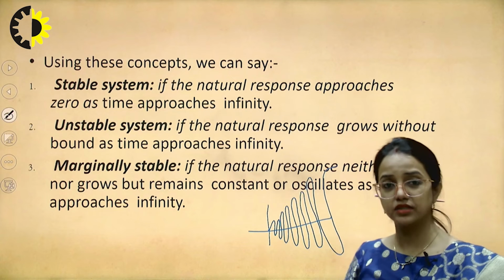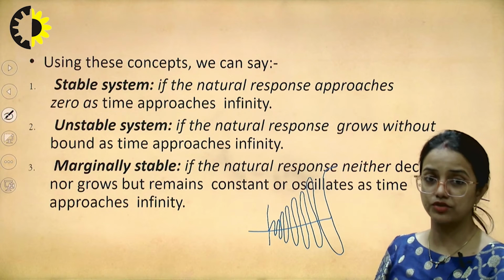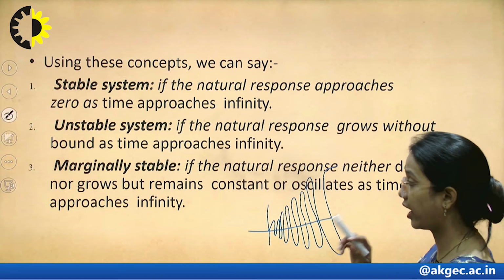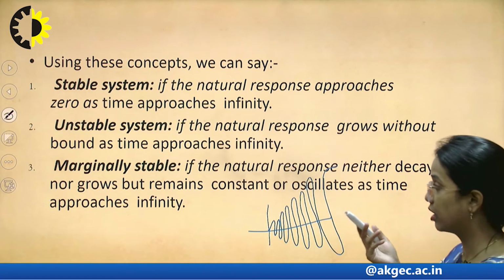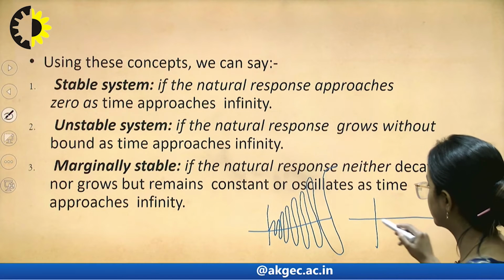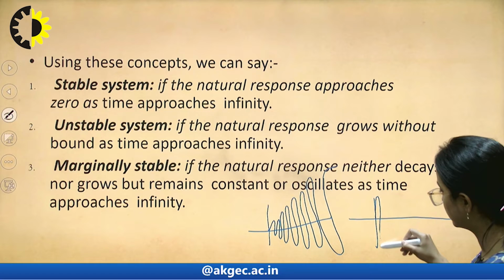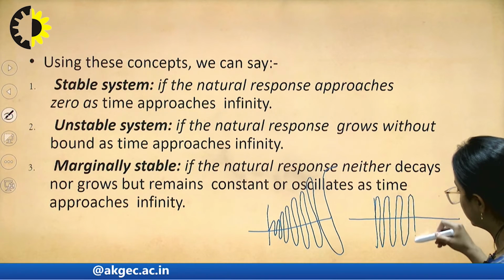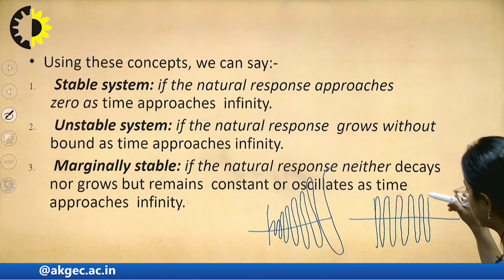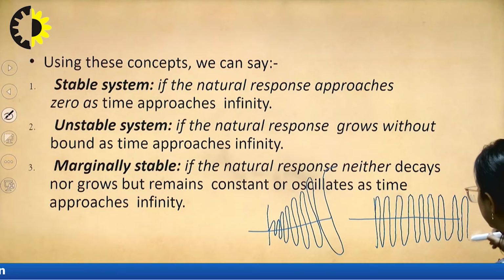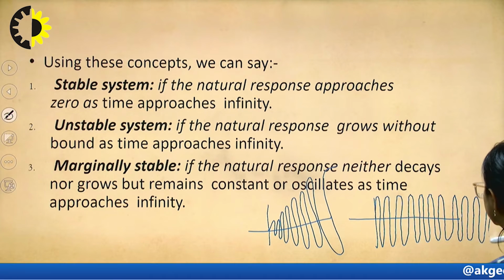Now, marginally stable system. If the natural response neither decays nor grows, but remains constant and oscillates as time approaches infinity, like this. It is neither falling nor extending. It will remain the way it is.